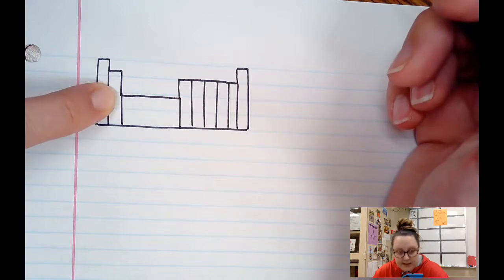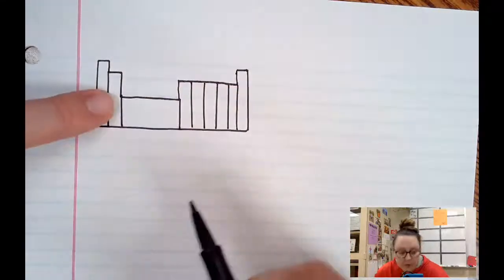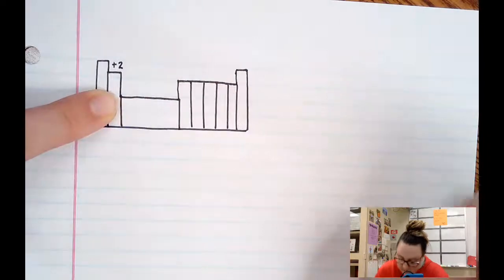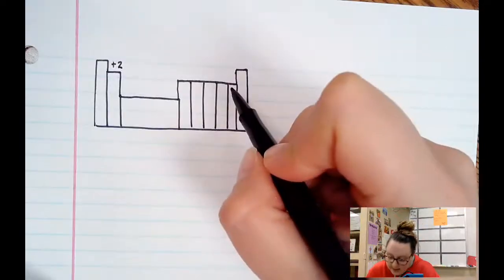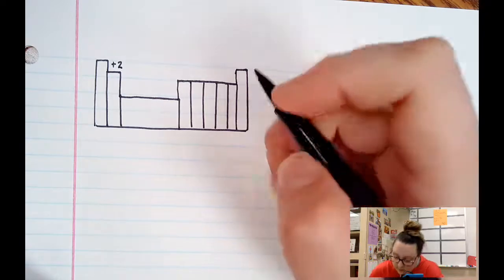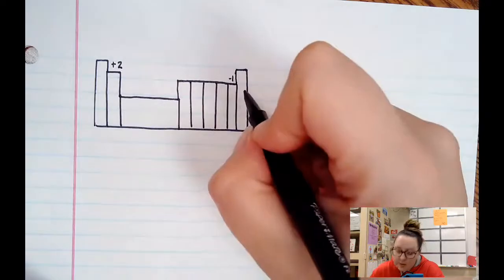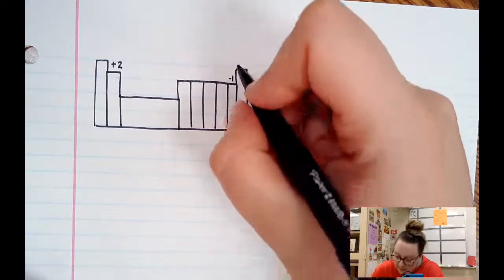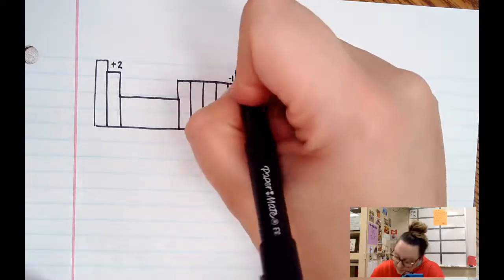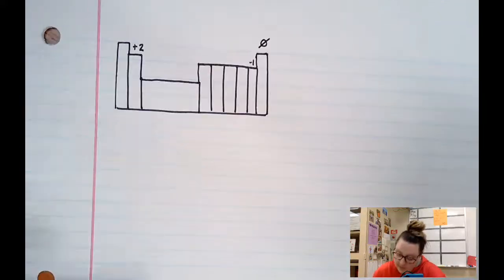We did magnesium, and we said anything in that column is going to want to give away 2 on the outer shell to go down to a full shell, so +2. Then we did fluorine right here, and we said it wanted to gain an electron, so it would form a -1 charge. Our noble gases already have an 8 on the outermost shell. No charge. They will not form an ion.